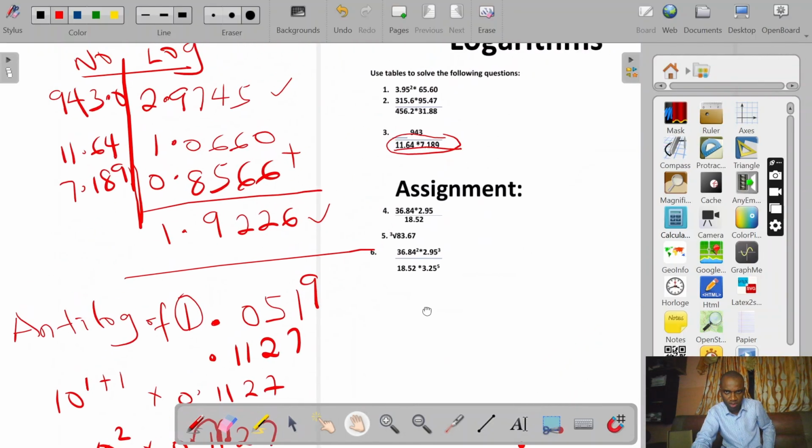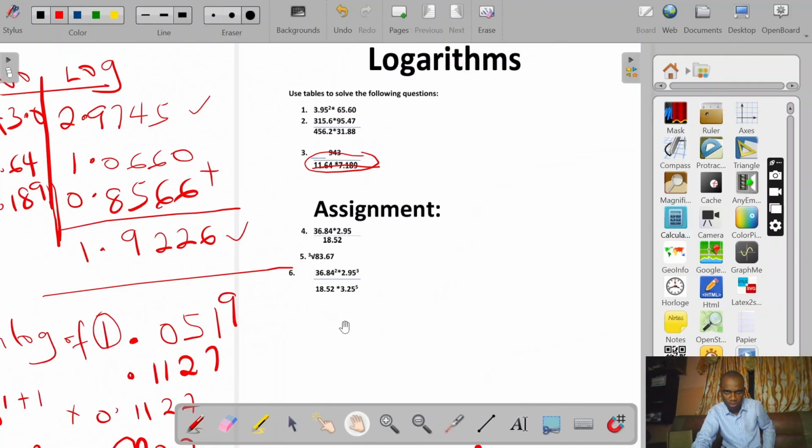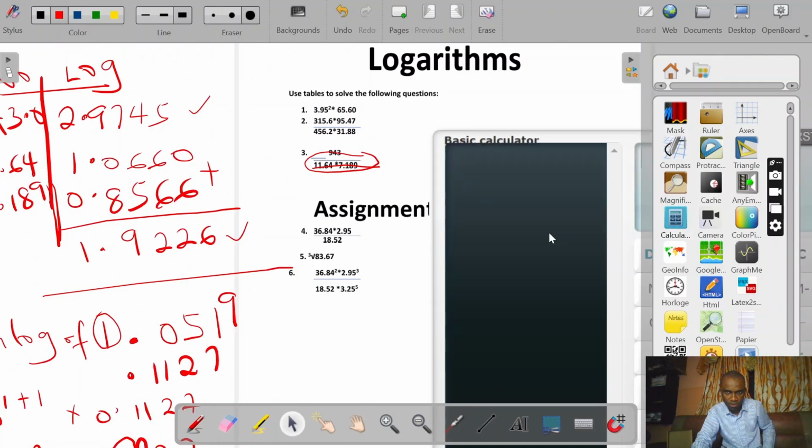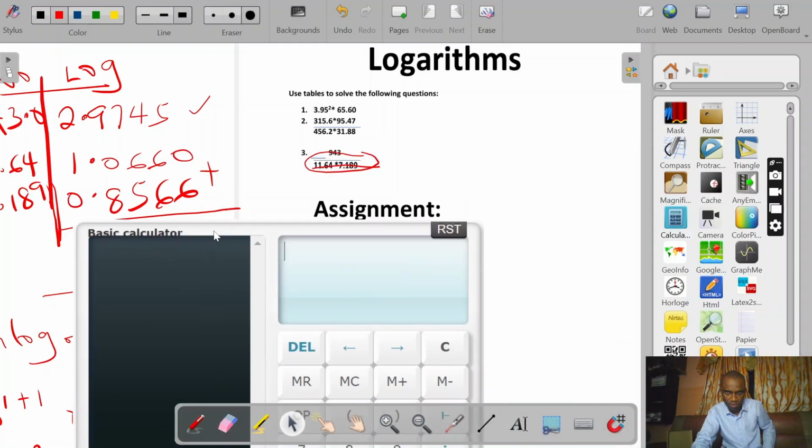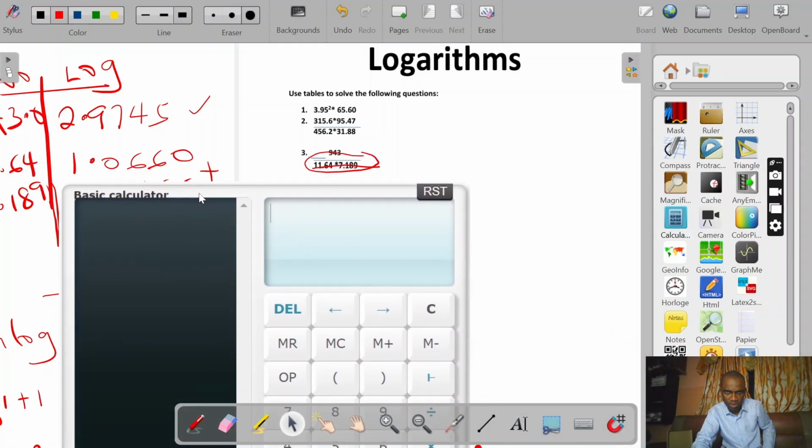But let's use the calculator. So to use the calculator, I'm going to bring the calculator in. So what I'm going to do first is to multiply 11.64 times 7.189.